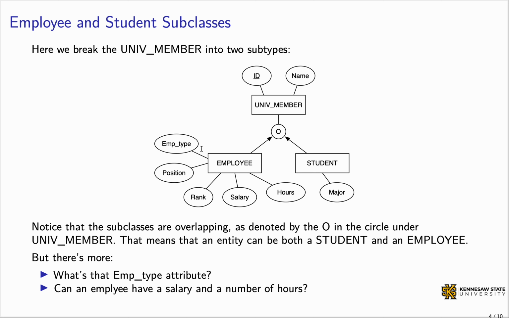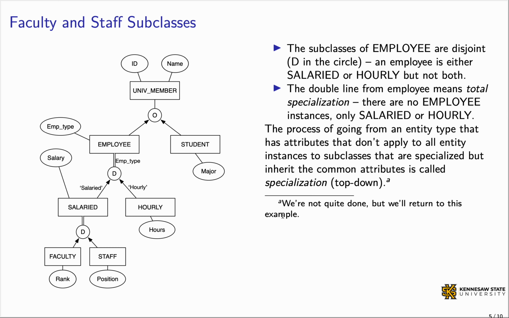Notice that for employee, we have this emp type or employee type attribute. Notice also that we have an attribute for salary and for hours. There should probably be an hourly rate there too, but good enough for this example. So let's deal with those by breaking employee down further into a salaried employee or an hourly employee.